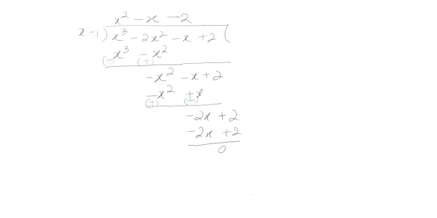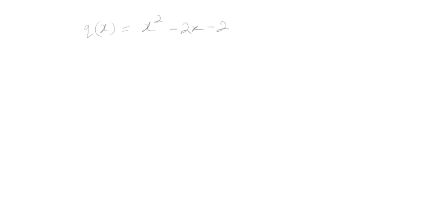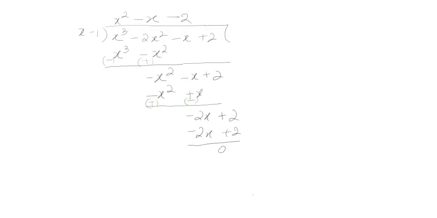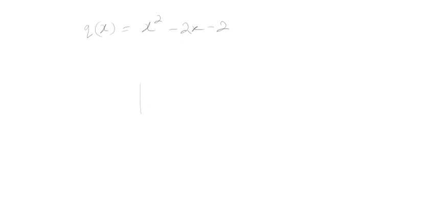So the quotient is x square minus 2x minus 2. Okay, this is x square minus x minus 2, no, I think I've written it wrong. It is only x here, not 2x. So I have to change it.